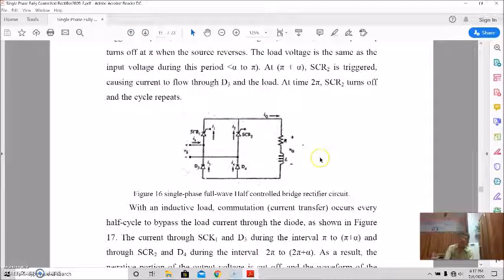This is figure 16. This is a semi-controlled bridge rectifier.